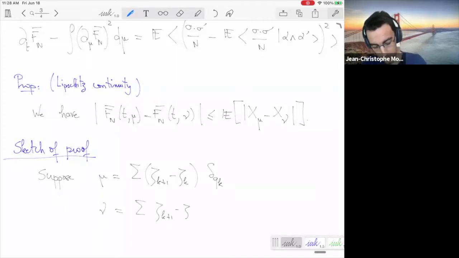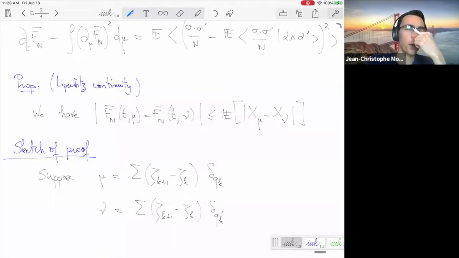Well, as the form I was assuming already many times. So if you think carefully, you realize that in some sense I can always, if mu and nu are sums of Diracs, then you can always represent them in this form.